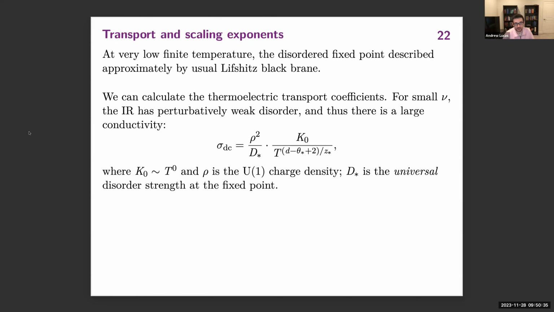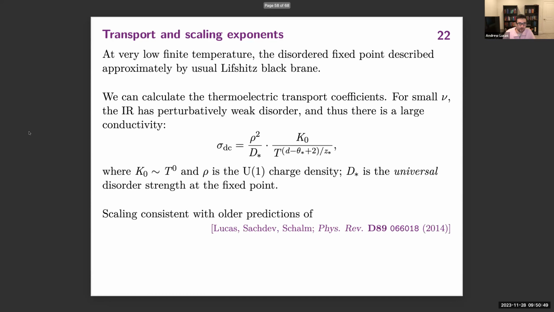We find that the DC conductivity is very large because the disorder at the fixed point is perturbatively small. It's proportional to nu. And so we get this prediction for the DC conductivity. Okay. The scaling with temperature of this result is consistent with earlier predictions that I made back as a grad student. So that made us happy.